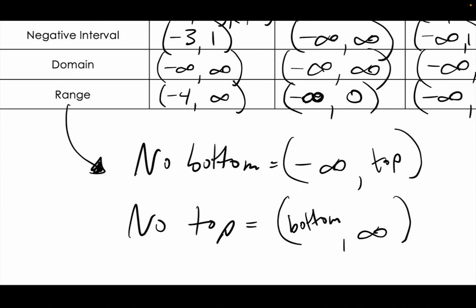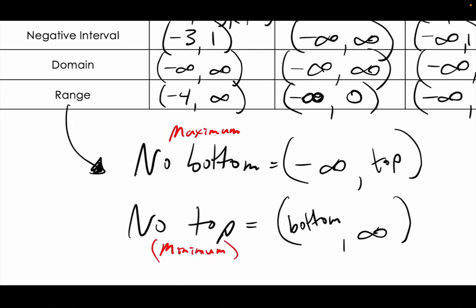Okay? That's for the range. So no bottom means a maximum. No top means a minimum. So that's how you know which one. Do I have a maximum or do I have a minimum? That's just for the range. And remember, the range is the Y values. It's the only one where we look at the Y.